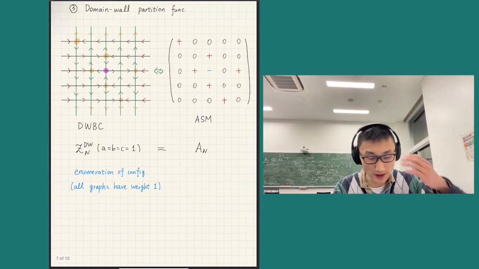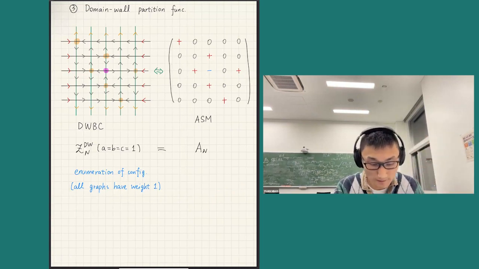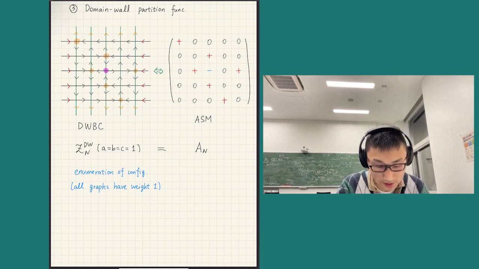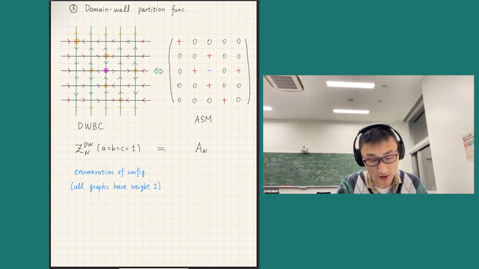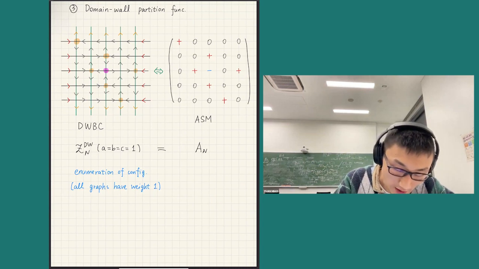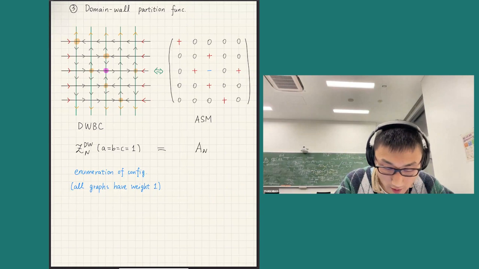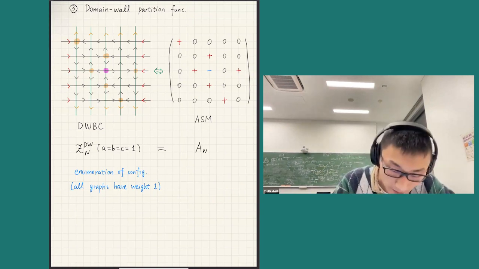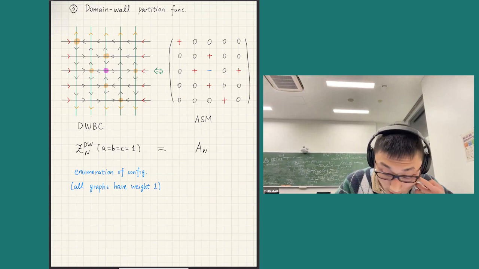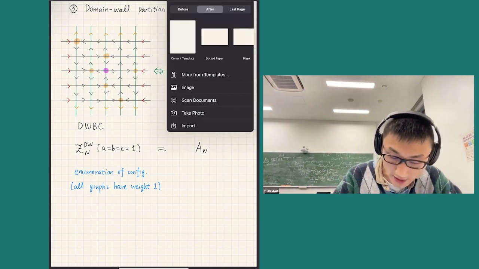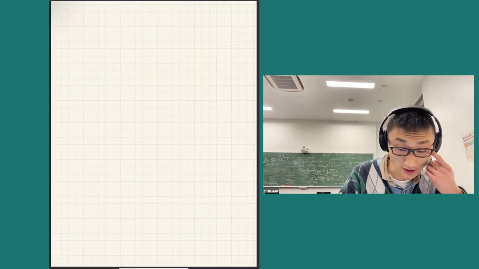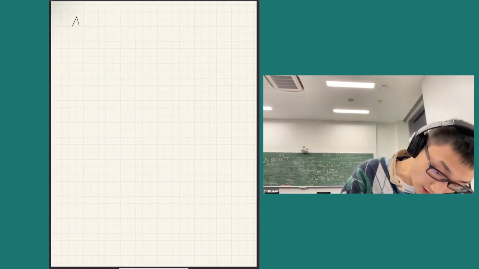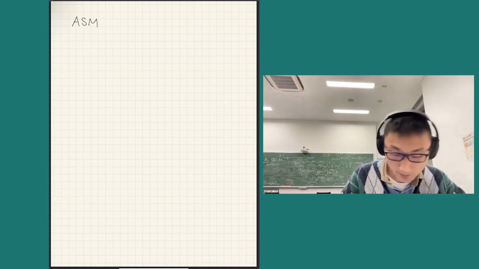But today I'd rather focus more on the mathematical point of this boundary condition, which is that the configurations of this domain wall boundary condition are in one-to-one correspondence with so-called alternating sign matrices. And alternating sign matrices are some combinatorial objects. They are also called ASMs.